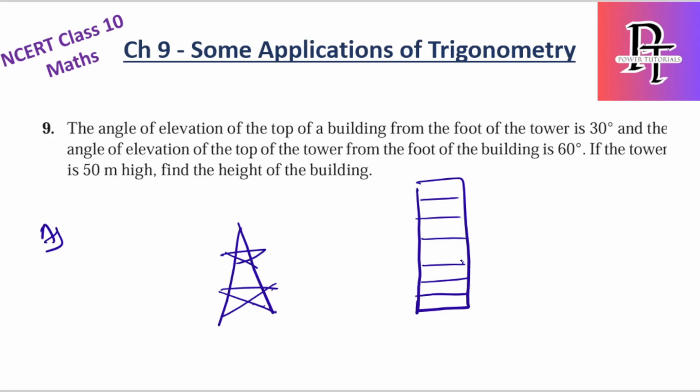It's not necessarily that the tower is smaller; the building can vary. But we are assuming that the tower is the smaller one when compared to the building. So what they are saying is, the angle of elevation to the top of the building from the foot of the tower is 30. So from here to the building is 30. The angle of elevation from the top of the tower to the foot of the building is 60. So this angle is 60.